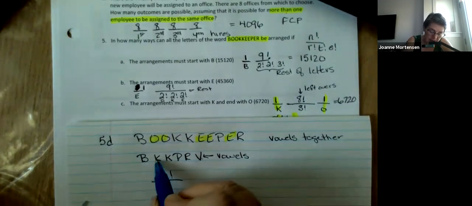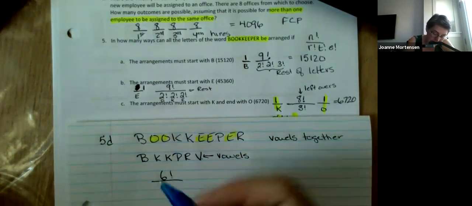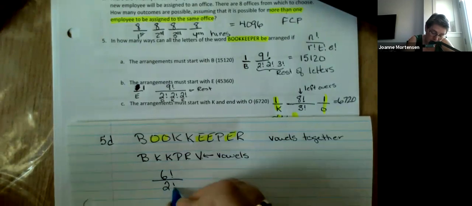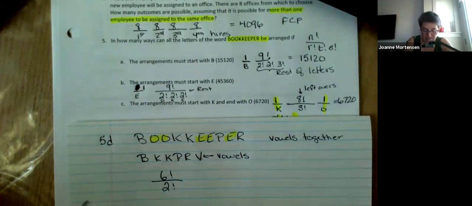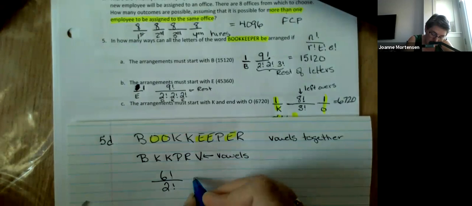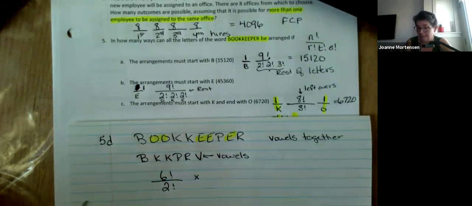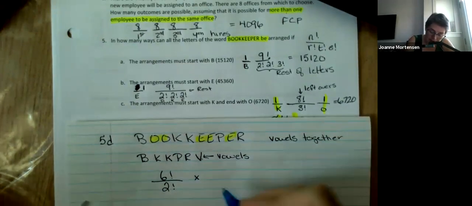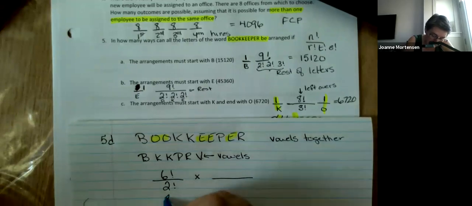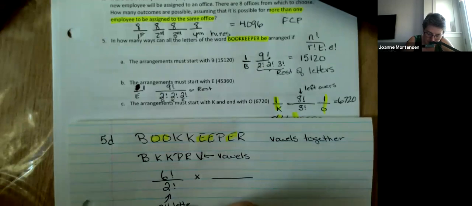And I'm going to have to deal with the 2 Ks. So that's going to give me a 2 factorial down there. And then we're going to have to multiply by, this is the part. So this is all letters. Oops, put it back so we can see.